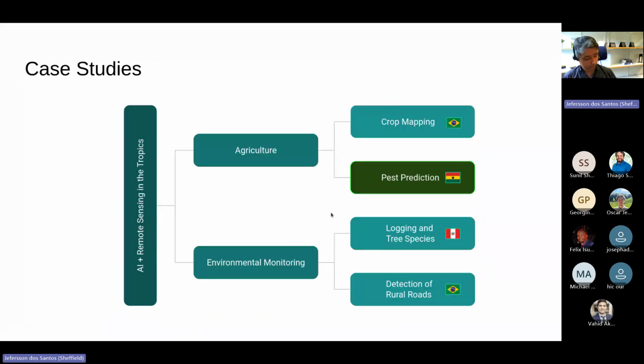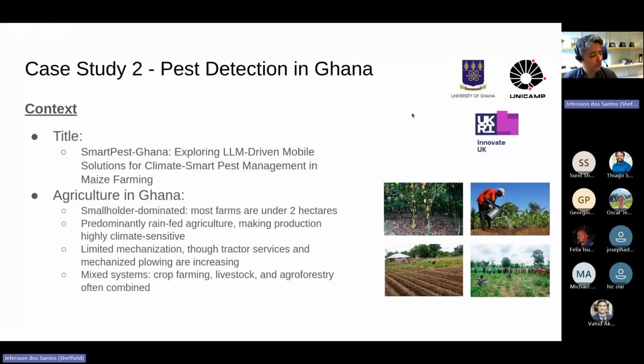Okay, so let's move to another application. I will be quick on this one because it's developing work. I've been collaborating with people from the University of Ghana and some researchers of the University of Campinas in Brazil, also under an Innovate UK project.